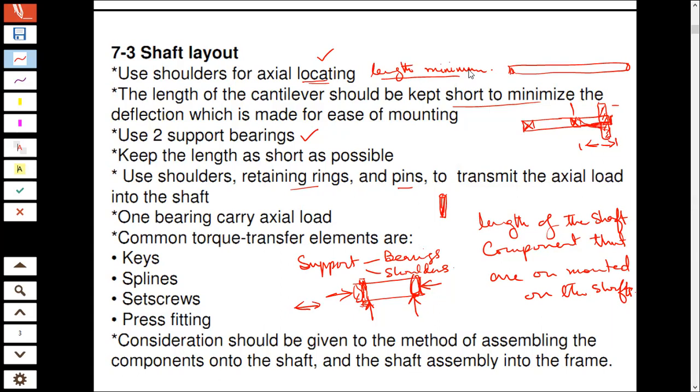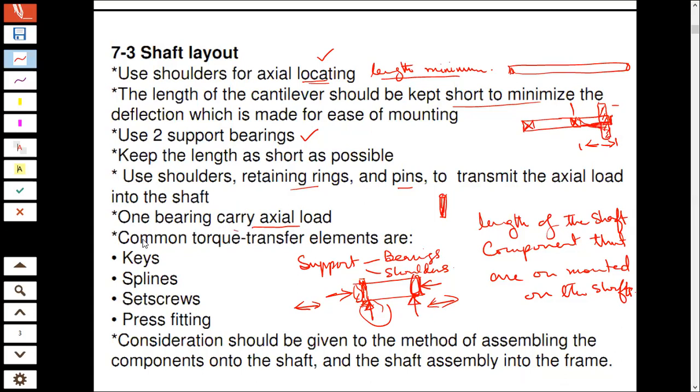Okay? Now, also, you should use one bearing that carries the axial load. The shaft will have loads that you are supporting over here, but along the axis of the shaft, thrust loads might be there. So what you should do is use one axial bearing.